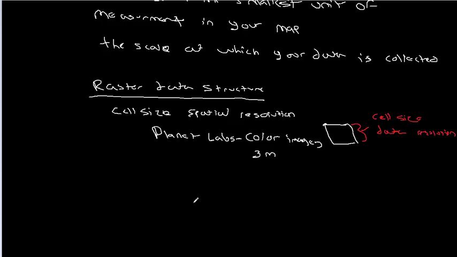Another example would be something like the National Land Cover data, or NLCD, where the value inside of the pixel represents the land cover type, so things like trees, water, urban development. That has a cell size of 30 meters, so the length of one side of the pixel is 30 meters. So from a raster data structure perspective, this idea of data resolution is pretty intuitive.